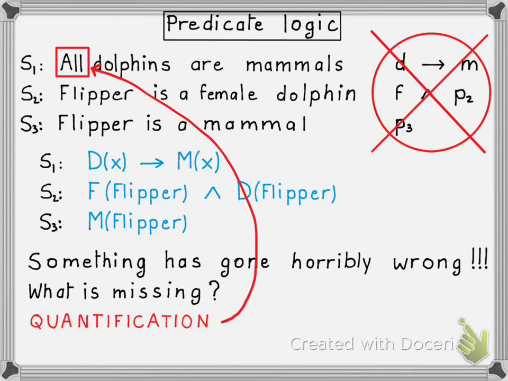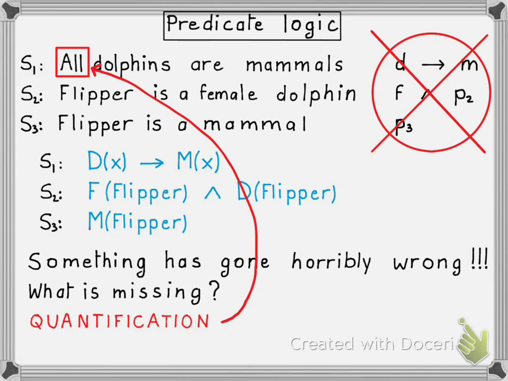But by doing so, we actually picked a particular element of the domain and we called it x. We say we don't know what it is, but it's one of the elements in the domain. But then what is wrong about that is that this statement is not about a particular element in the domain, a particular dolphin or a particular mammal.